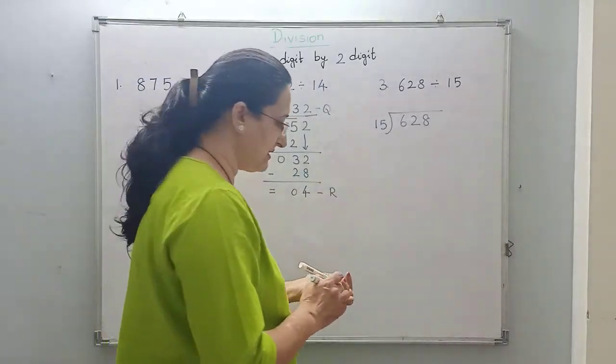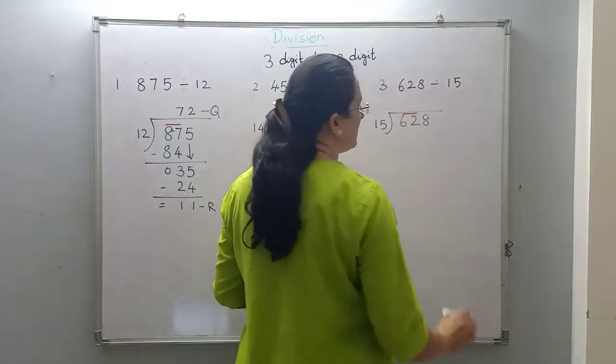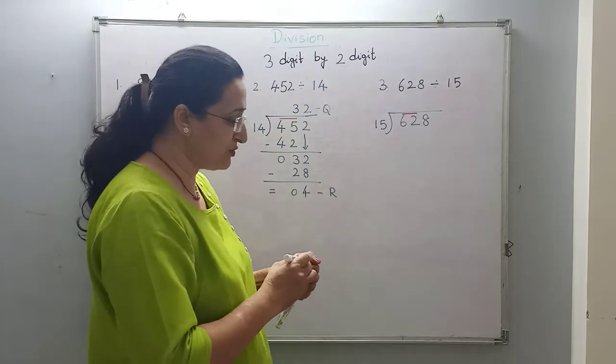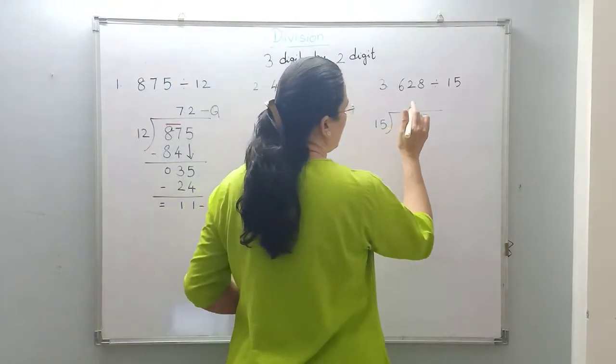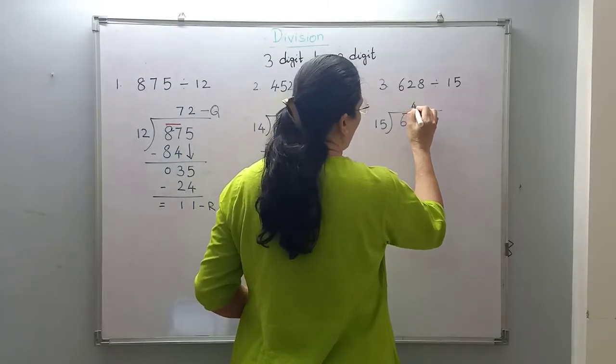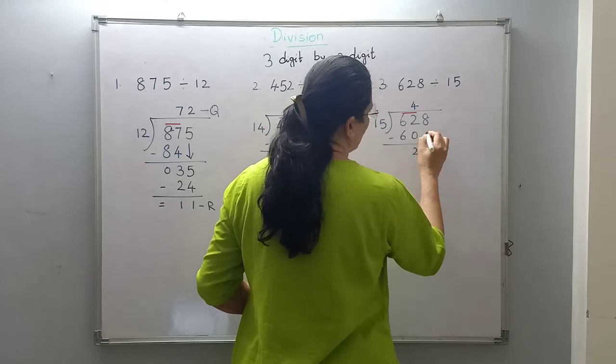Let us see the next sum. Again here I am drawing a line, which means we have to divide 62 together. So it is 15 fours are 60. 2 remains.